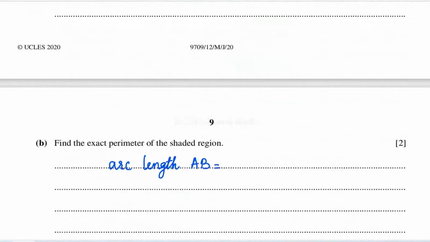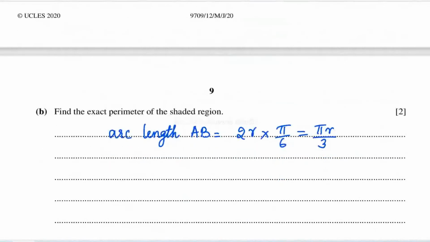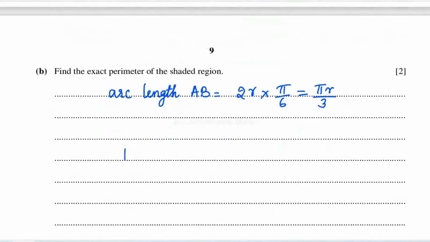The arc length is 2r and the angle is pi over 6. So pi r divided by 3 is the arc length. Now let us calculate the perimeter.